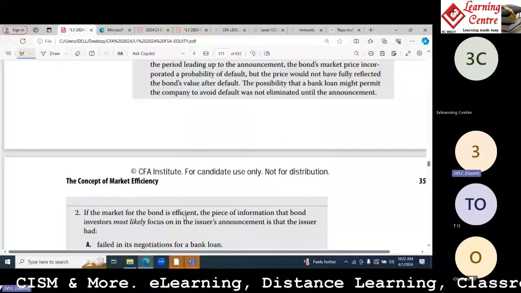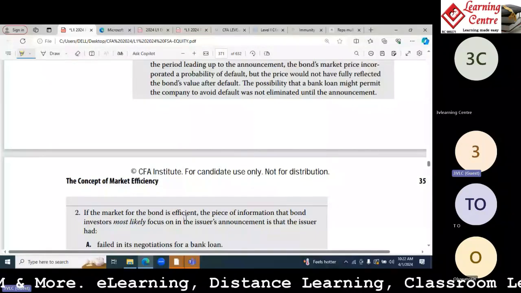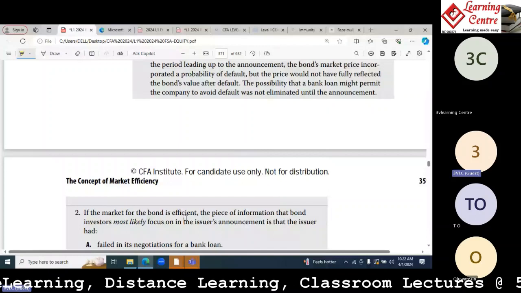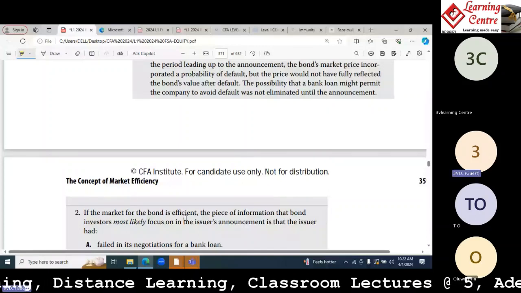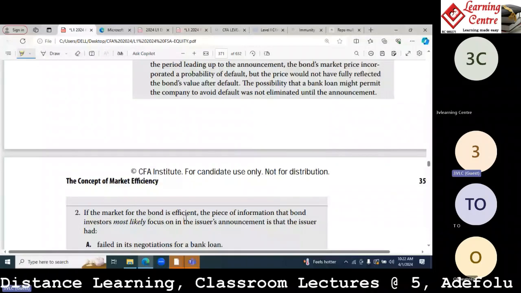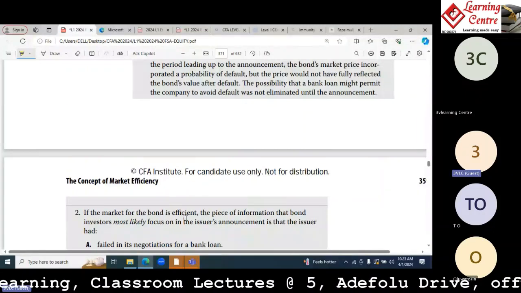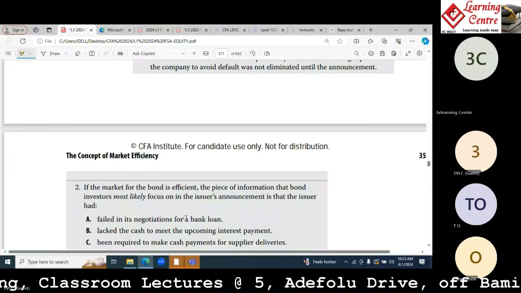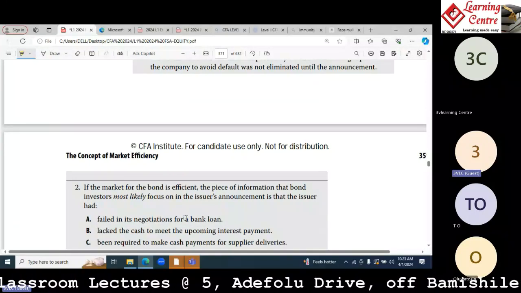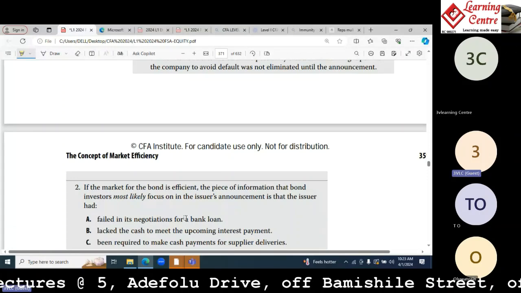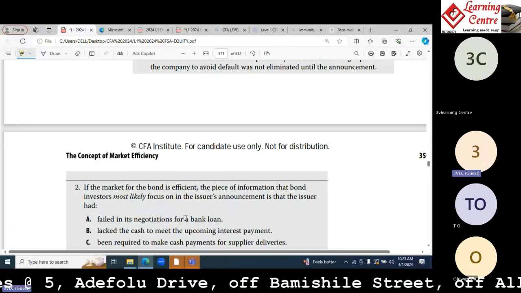Okay. Number two, if the market for the bond is efficient, the piece of information that bond investors most likely focus on in the issuer's announcement is that the issuer had failed in its negotiation for a bank loan, lacked the cash to meet upcoming interest payments, and had been required to make cash payments for supplier delivery.